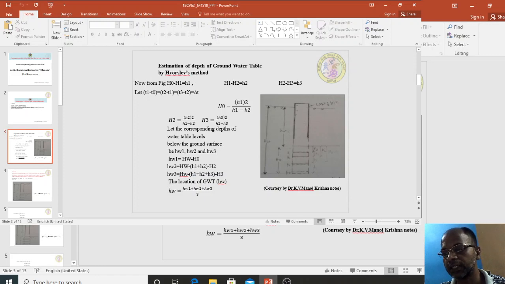After inserting the casing, continue the borehole by using the auger method, shell method, wash boring method or any method up to the required depth.